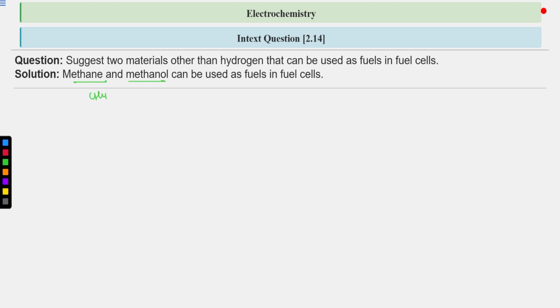Remember, CH4 and CH3OH. Okay, these are the two other fuels which you can use in the fuel cell. That means after the combustion process of methane and methanol, a lot of energy you will get, and that you can convert to electrical energy, and that you can use as electric power in various uses. Okay, so these are the other two materials, methane and methanol.